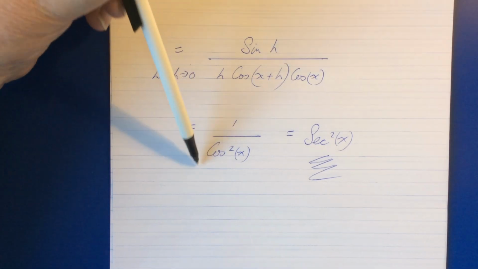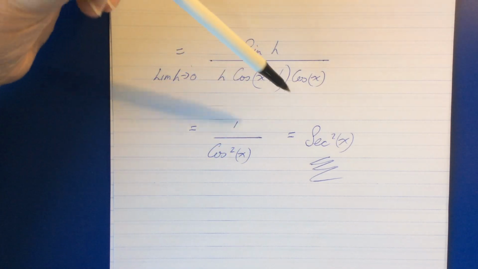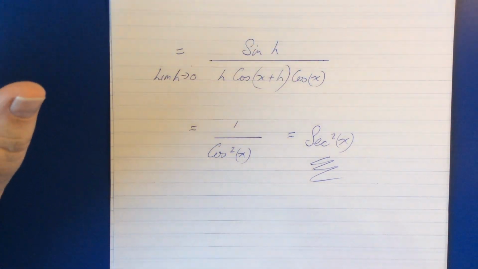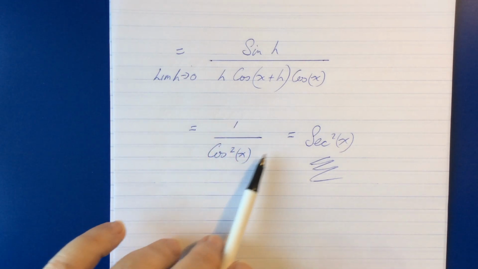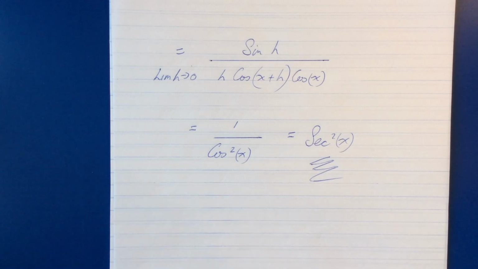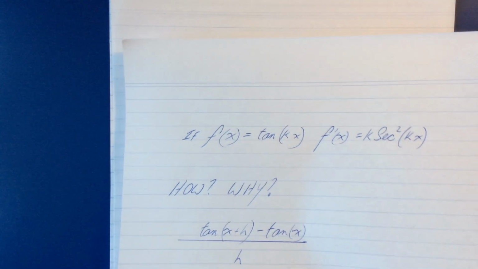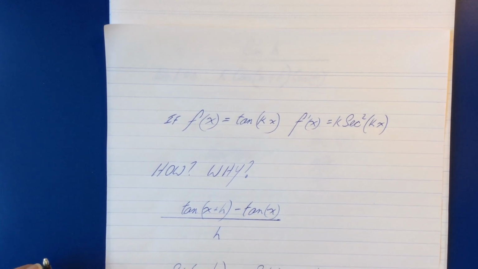Now, what have we got here? We've got 1 over cos squared x. Now, a secant is 1 over a cosine. So, we can rewrite this as sec squared x, and that is our differential of tan of x, and that's how it's arrived at.